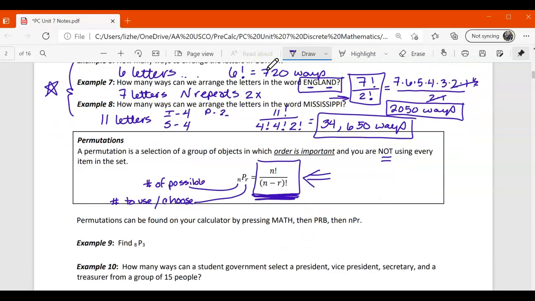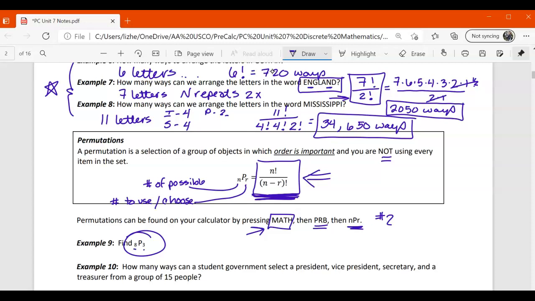Okay, so permutations can be found on your calculator by pressing the math and then PRB, and then instead of going down to the factorial, which is number 4, this is the second one, let me check. It's number 2, at least on my calculator, probably on yours too. When you do a permutation, you find the permutation in your calculator, and then you put in the 8 and the 3.